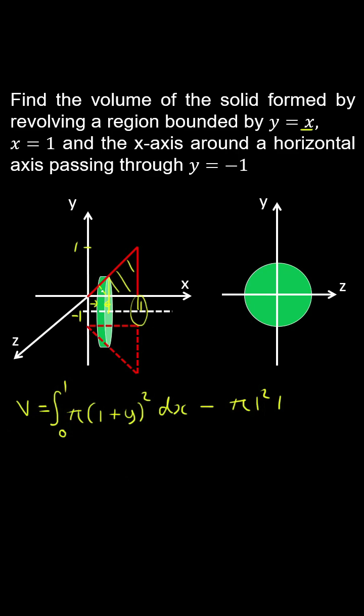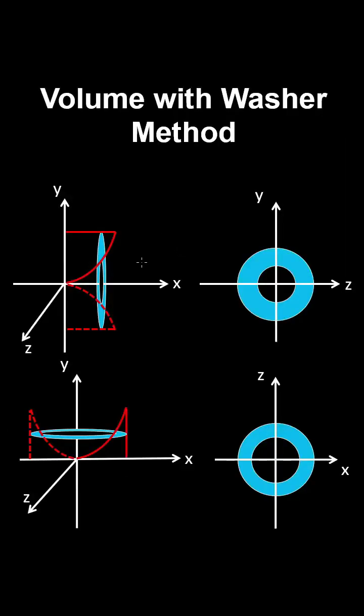The washer method is an effective way to find the volume of a revolved solid if we're spinning a two-dimensional section around an axis where the section does not touch that axis along its length. So we'll give the outer circle of the washer some radius, which is going to be defined by the function of this upper curve. So therefore, the outer circle of the washer has the following area.